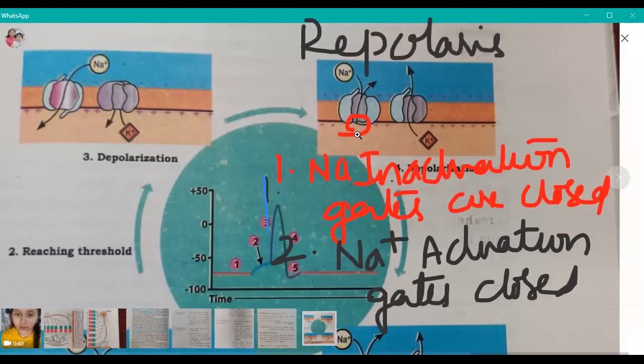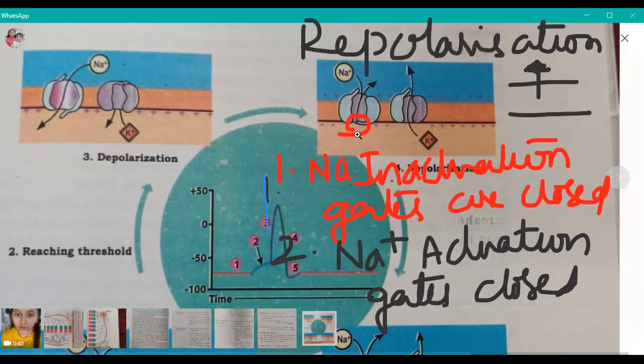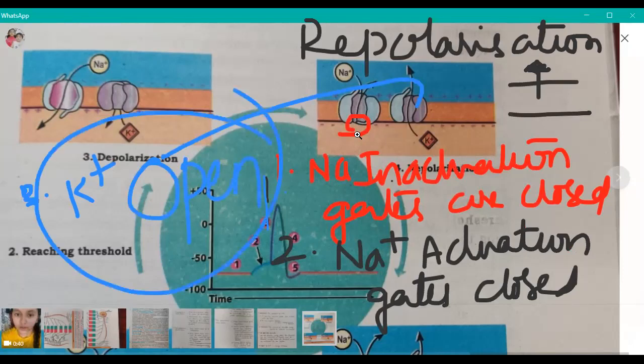So what can be expected in the repolarization? There must be an efflux of potassium ions. So what we can expect here, that is very important for us, that potassium voltage gated channels are open.